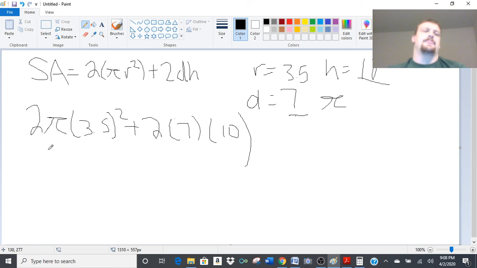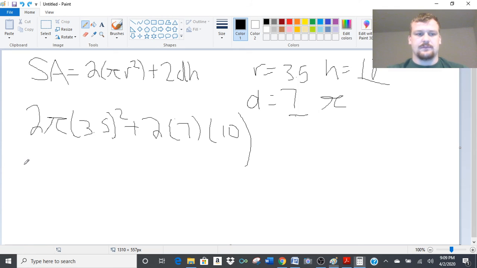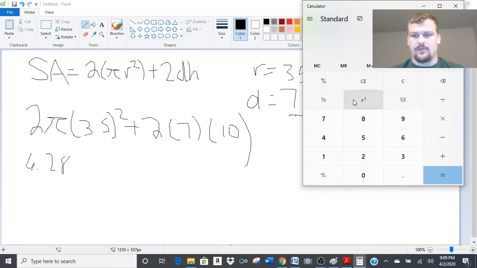Now, I always like solving side by side, like we did on the previous one. So we can do 2 times 3.14 for pi, which gives you 6.28. I'm going to put 6.28 down real quick so we don't forget it. And 3.5 squared.